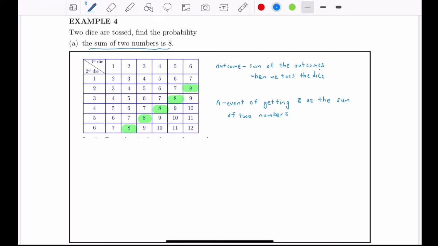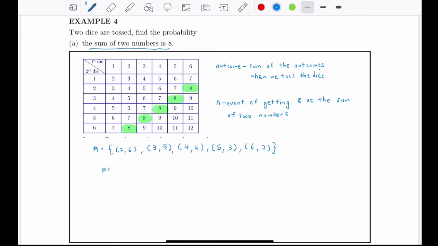So in this case, we're going to get A when our first die is 2, second die is 6, or when our first die is 3, second die is 5, or when the first die is 4, second die is 4, or when the first die is 5, second die is 3, and lastly, when the first die is 6, the second die is 2.